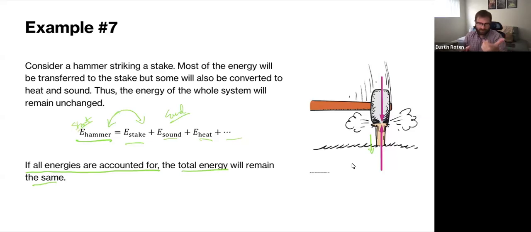If you were to calculate the total energy of the hammer and then the energy imparted to the stake later, it might look like there's a little less, but that's just because you can't measure all the different energy losses. Some systems you can. I'm not saying you'll never be able to do this, just that in everyday life it's hard to keep up with all of these. But just be aware, if you can do it, the total energy remains the same.